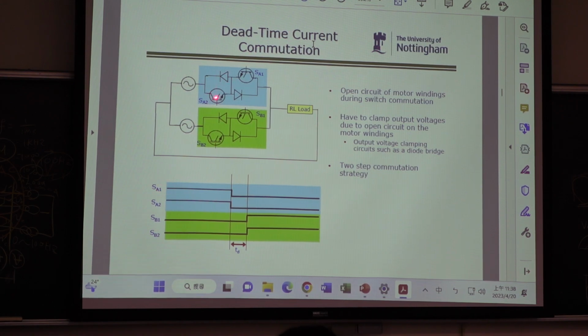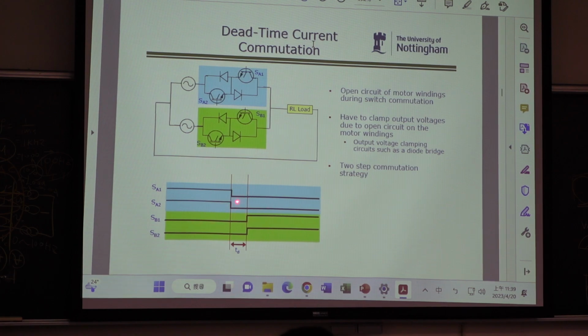So we have SA1 here, SA2 here. SA1, SA2 turn off, this turns off, this turns off. And then we wait 1 microsecond. Then we turn on SP1 and SP2. So we call this what? Dead time, right?